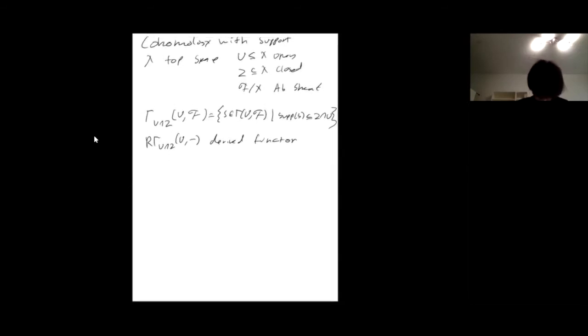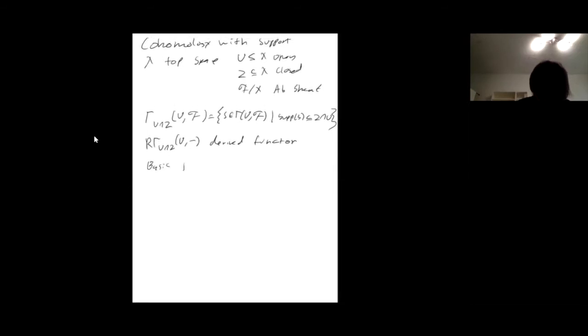Let's list some basic properties of it. The first thing is that it sits in an exact triangle with usual cohomology. From the cohomology with support, you of course have a map just to the usual cohomology in U. And then you can go to the cohomology of the complementary open, U minus Z, by restriction.